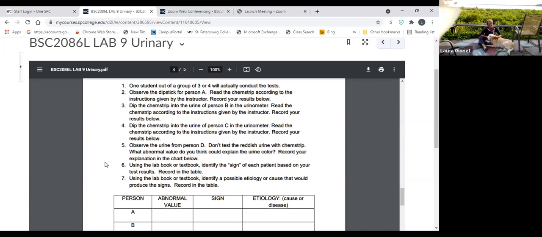If you hold it upright after you dip in, the fluid is going to flow down the reagent pad, with the potential to contaminate other pads, and the urine would also drip down onto your fingers.